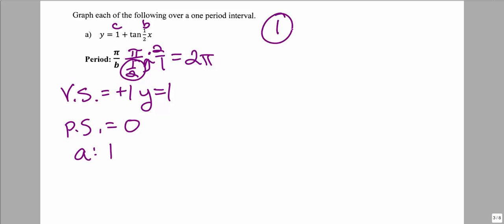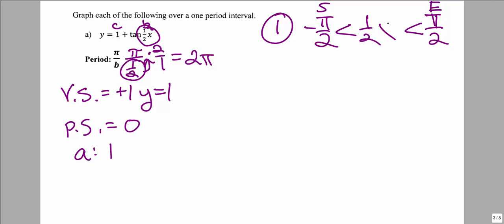The first step to graphing tangent is to find the starting and ending points for the period. Tangent originally starts and ends between the x values minus pi over 2 and positive pi over 2. These are the original asymptotes. We're going to take the input of our function, 1/2 x, and place it in between them and solve for x.